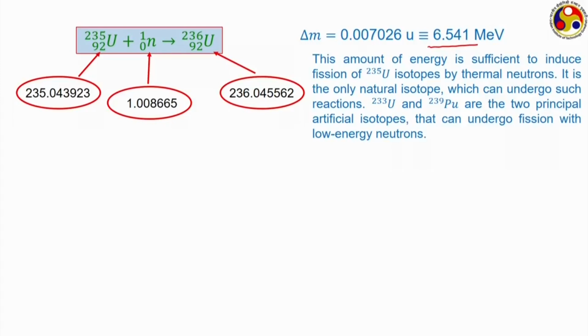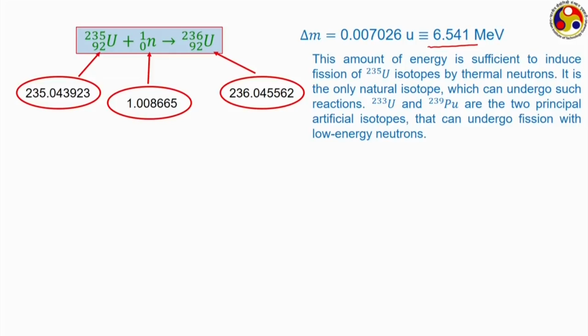But unfortunately, uranium-235 remains the only natural isotope which exhibits this kind of behavior. That means, while there are many natural isotopes present in the universe, uranium-235 is the only one that can experience fission when struck by a thermal neutron.